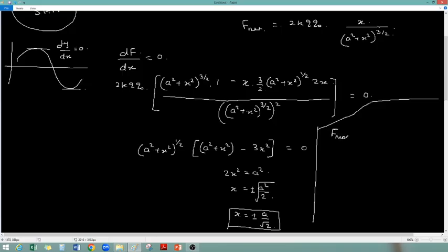So F maximum is equal to 2k q naught, x is a by root 2, divided by a squared plus a by root 2 the whole square, so that means a squared by 2, over 3 by 2. Simplify this, you will get the answer.